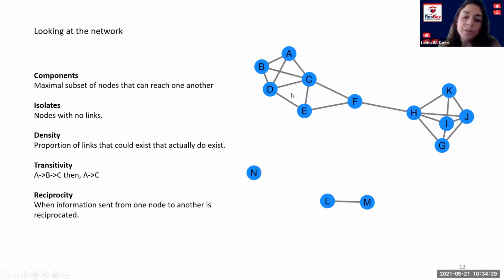Of all the nodes in the network, what is the maximum number of ties that could be had? And compared to that maximum, how many ties does the node actually have? When density is closer to 1, the network is more interconnected. Density also does not look at ties between a node and itself, so loops.